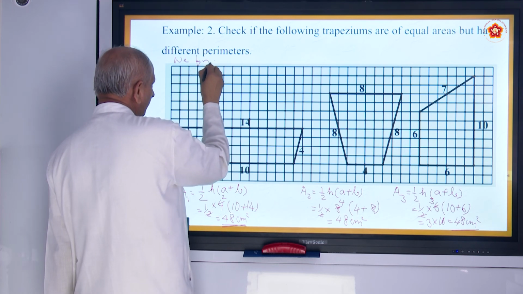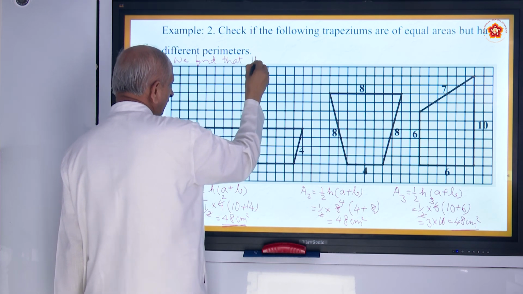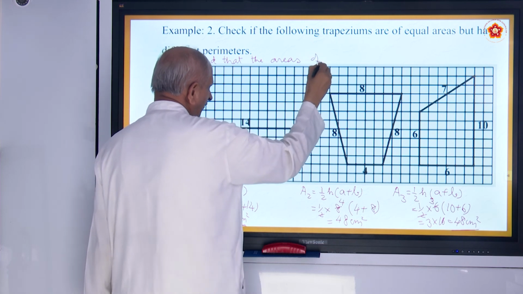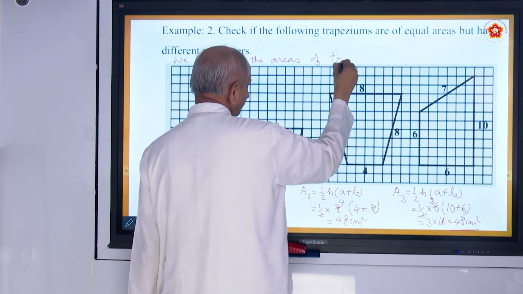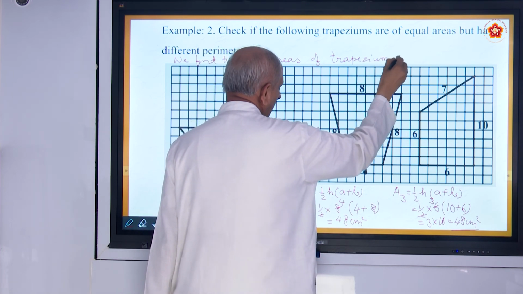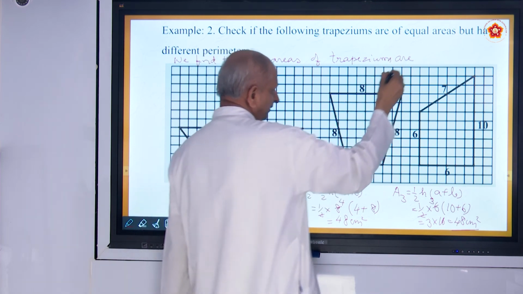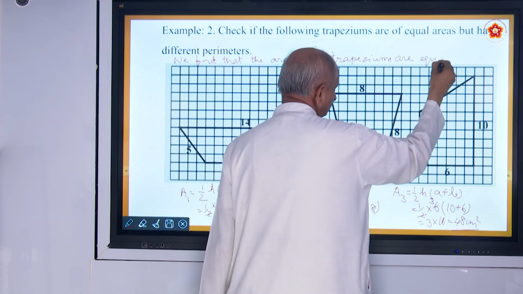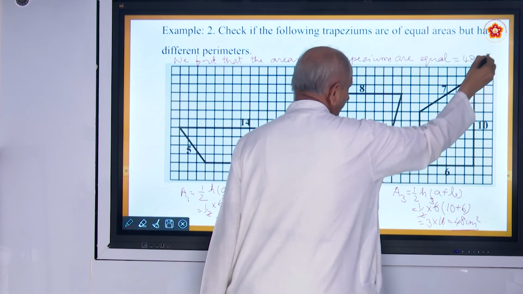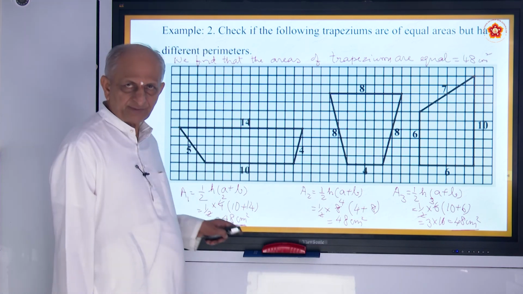Actually you must write after that: we find that the areas of trapeziums are equal, not one trapezium, 3. That is equal to 48 centimeters square. All of them are 48. That is the answer. You have to write after this.